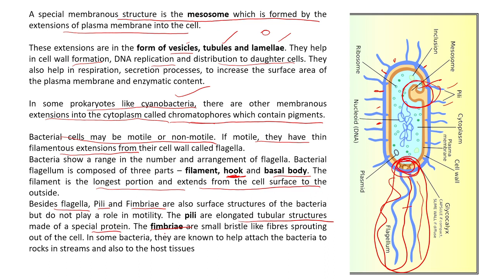Fimbriae are small bristle-like fibers, and they help bacteria attach to rocks in a stream and also to host tissue. So fimbriae have a role in attaching bacteria to rocks or some host cell.